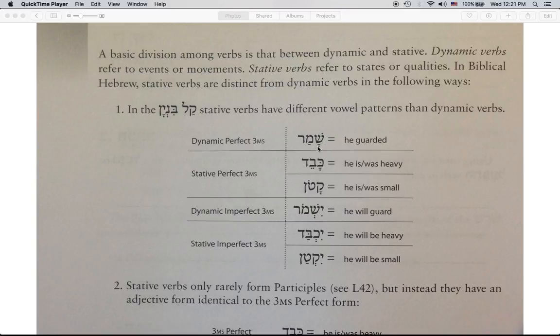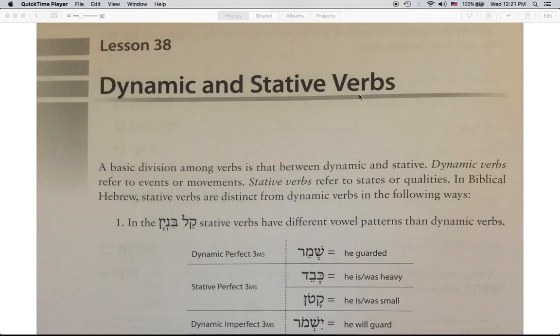Stative verbs in the perfect have an a vowel and either an e vowel or an o vowel. In the imperfect, dynamic verbs have an o vowel as the second vowel, while in the stative, the second vowel is an a vowel. So lesson 38, dynamic and stative verbs.